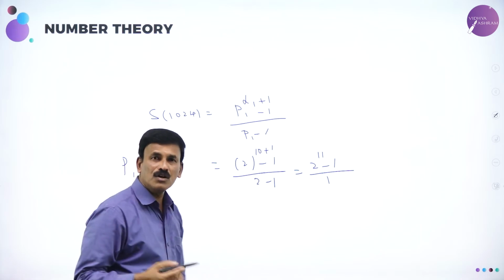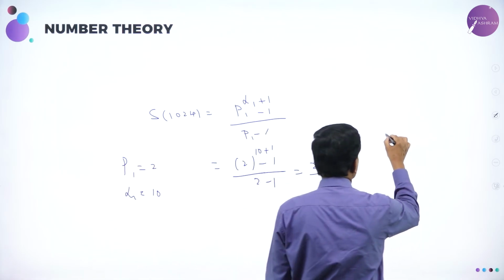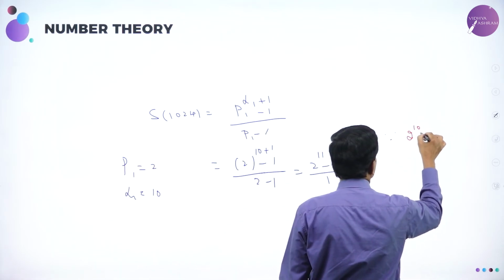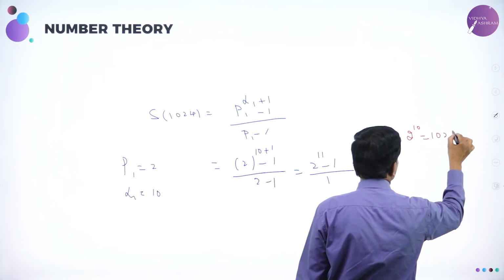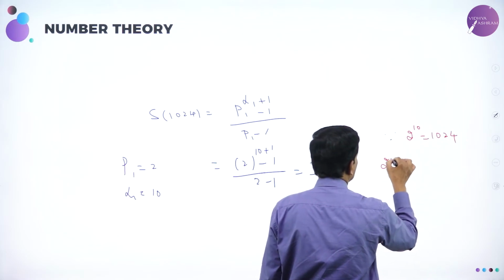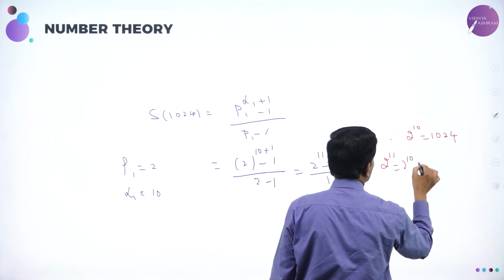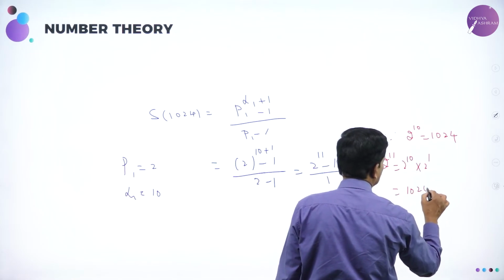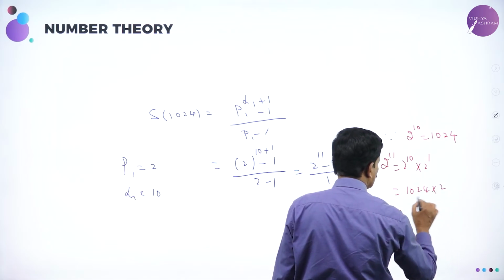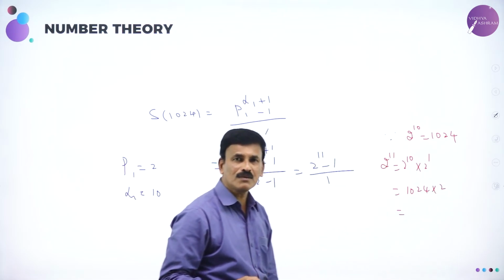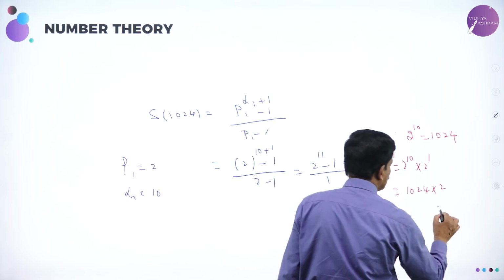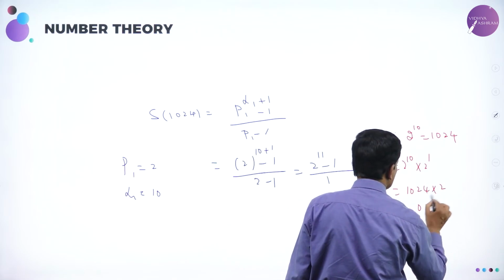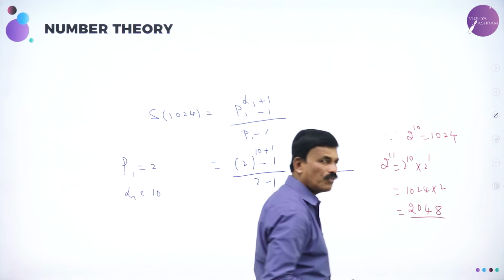Now, what is the value of 2 to the power of 11? Since you know 2 to the power of 10 is 1024, 2 to the power of 11 can be written as 2 to the power of 10 into 2 to the power of 1, which is 1024 into 2. If you multiply by 2, you get 2048.